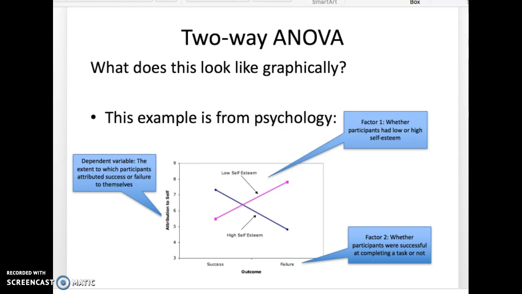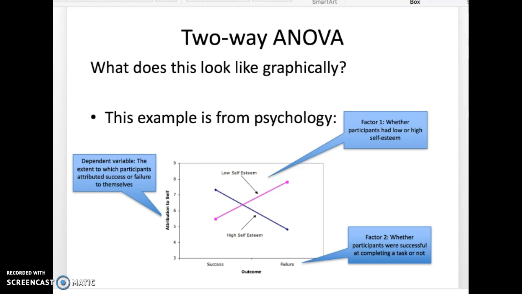And this is measuring the extent to which participants attribute success or failure to themselves. On the x-axis, I have an outcome, whether participants were successful at completing a task or not. So success or failure. And what we see on the lines is the level of self-esteem, either high self-esteem or low self-esteem.